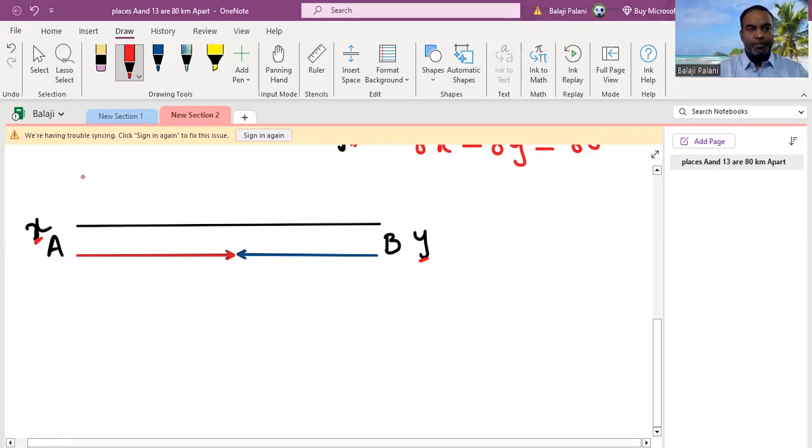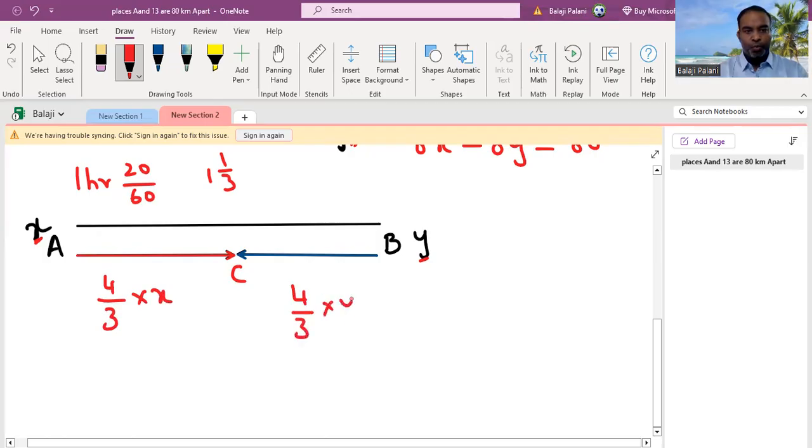Let's convert this to hours. 1 hour and 20 minutes: 20 by 60 is 1 by 3, so it is 4 by 3 hours. So again, the distance traveled by A to the point C is 4 by 3 time into speed. Similarly, the distance traveled by the car from point B is 4 by 3 into y.